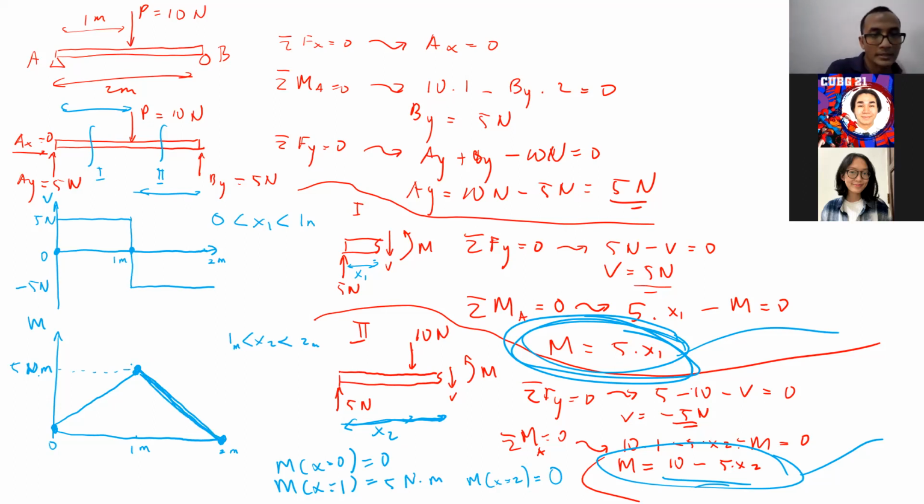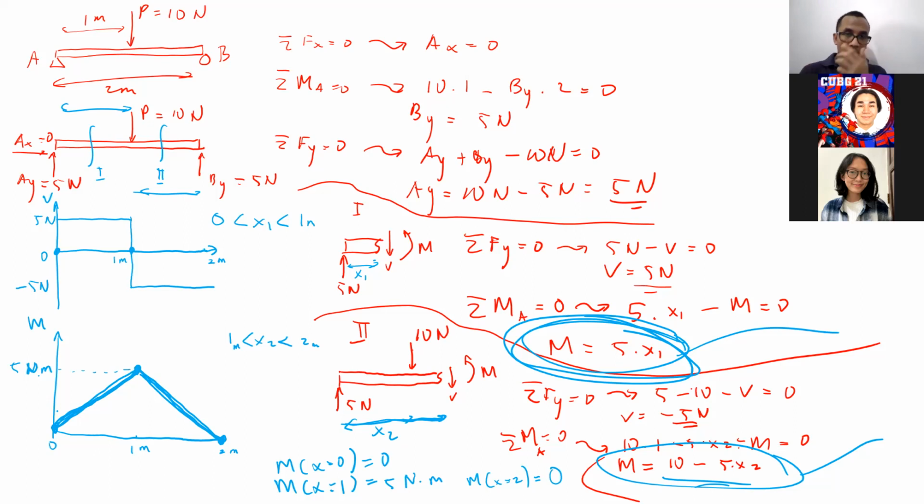Okay, and this is our internal moment diagram. It's linear going up from 0 to 1 meter, and linearly going down from 1 meter to 2 meters. Okay, do you get it, Nela? Yes, sir, I think I understand.